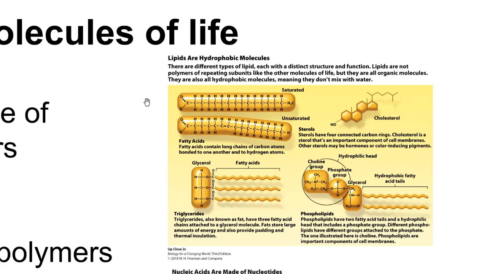If you take a very close look here at this carbon, it has a single bond to each of them, and it results in this nice straight line. In the case of unsaturated, you have a straight line, single bond, single bond, and then what the heck? Double bond. That double bond causes a kink or bend in the chain.